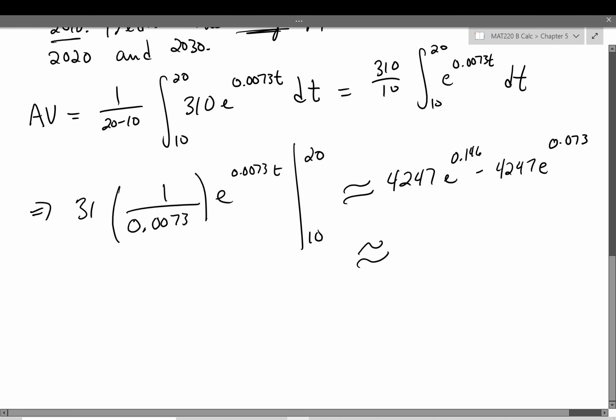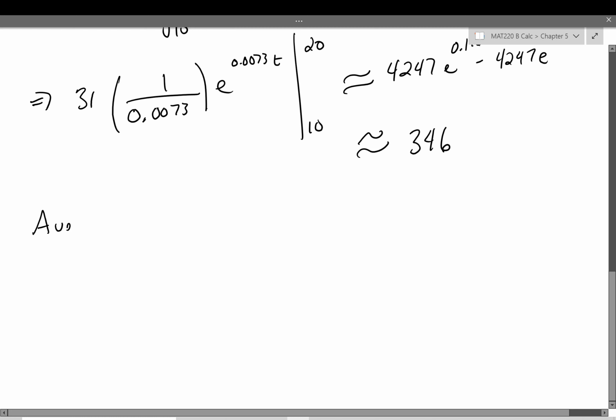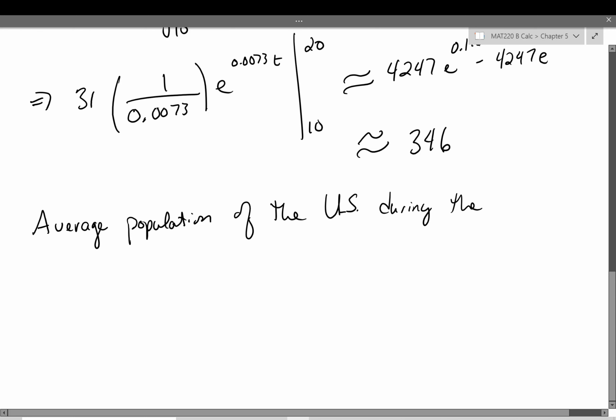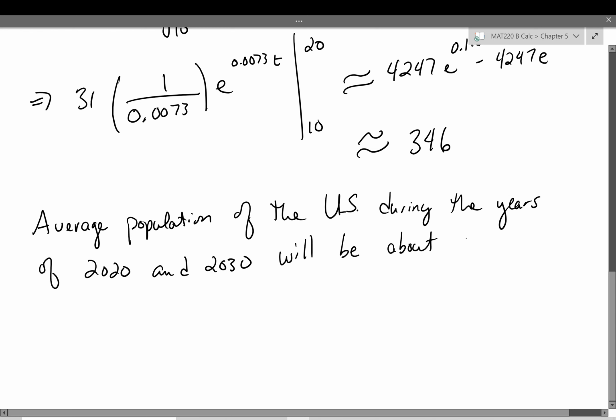And when you go ahead and crunch those numbers, it's approximately 346, which means the average population of the United States during the years of 2020 and 2030 will be about 346 million people. Okay?